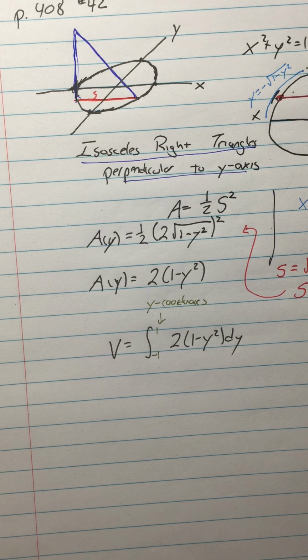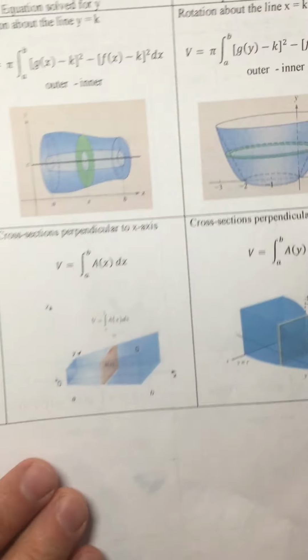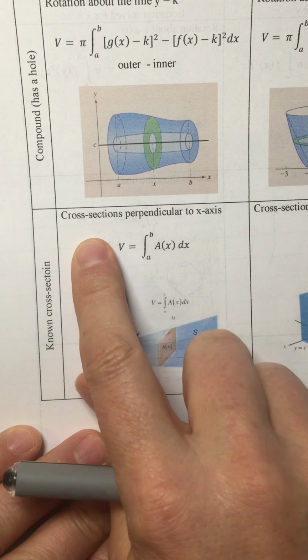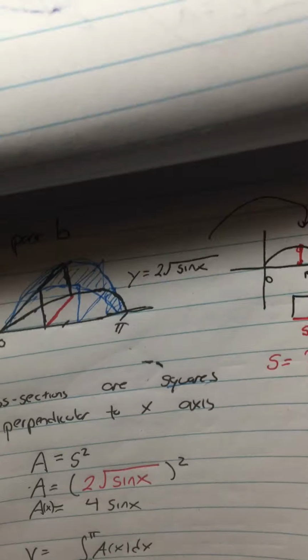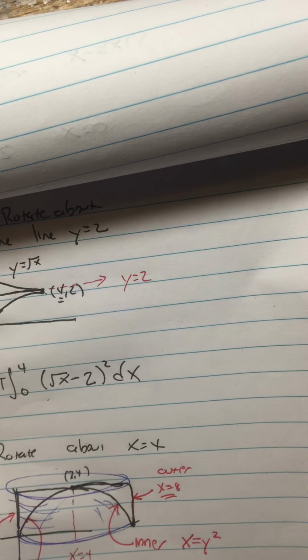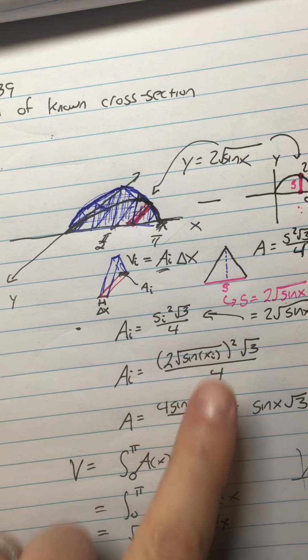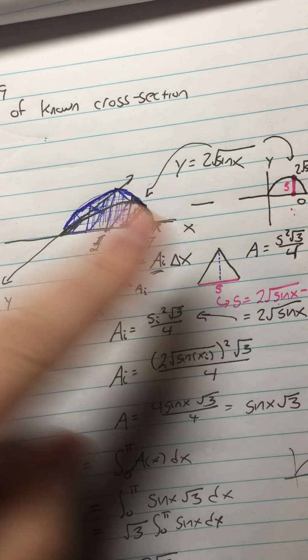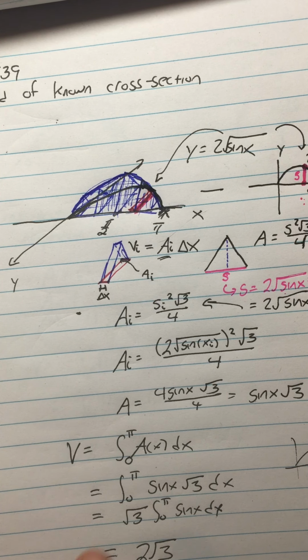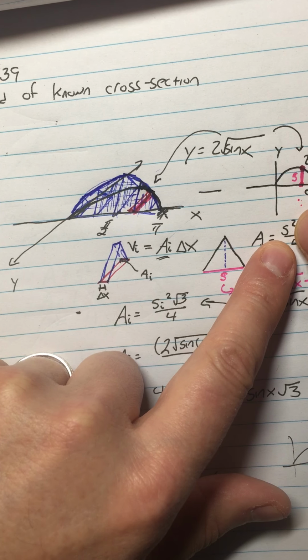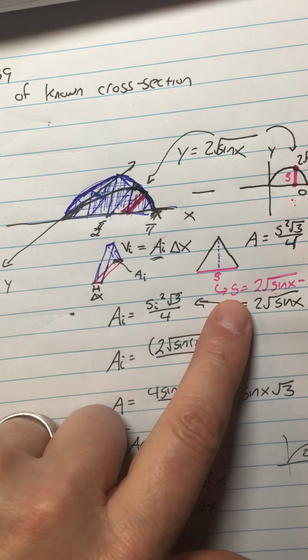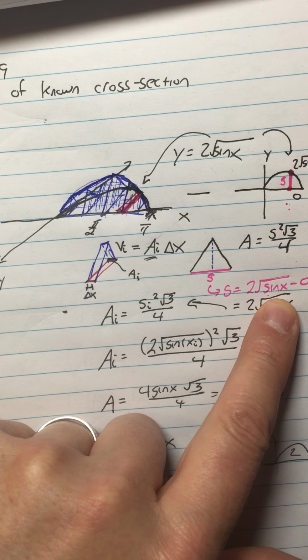So there are several examples on this last part of this sheet: cross-sections perpendicular to the x-axis, and cross-sections perpendicular to the y-axis. What do you have to do? You have to find an equation for whatever the area is in terms of S. Then say what S is in terms of x or y.